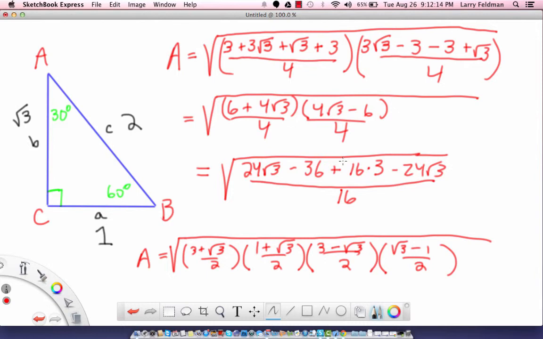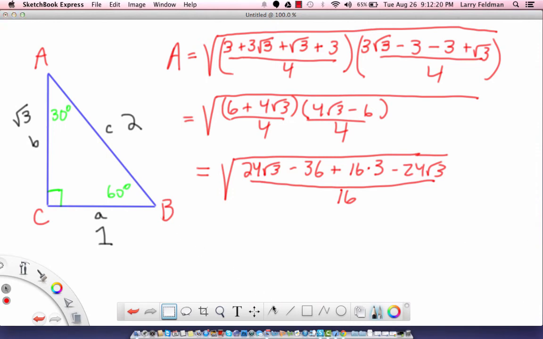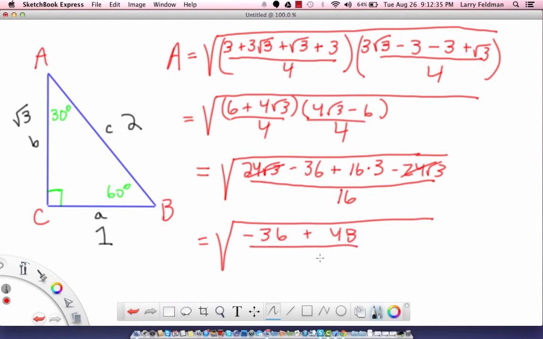And let me get rid of this. Are we having fun yet? Don't answer that. Now these cancel. We get negative 36 plus 48 over 16, which equals 12 over 16.